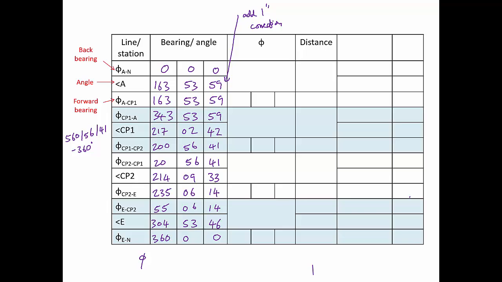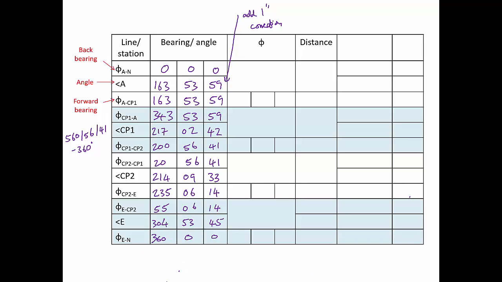That's because the initial back bearing A to N also equals the final forward bearing E to N, which was 0, 0, 0. I can write it as 360, but remember 360, 0, 0 is equivalent to 0, 0, 0.